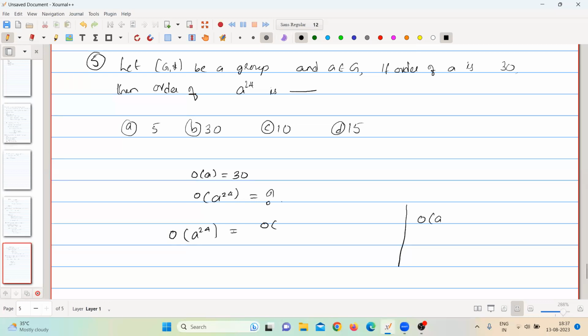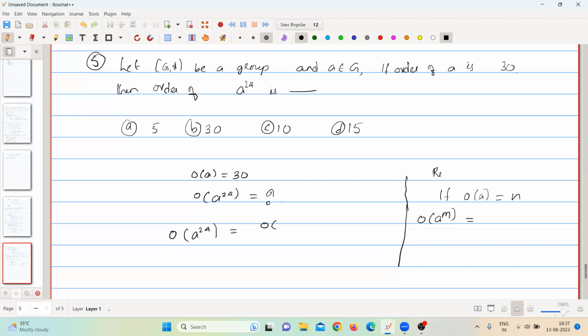There is one formula to find the order of a power m if the order of a is given. Do you remember this formula?